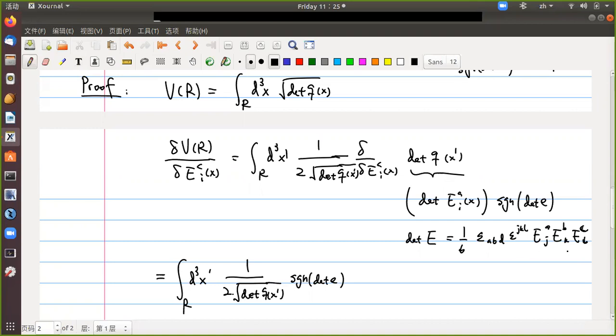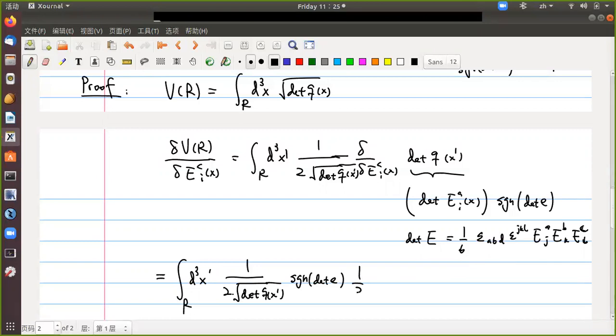You get three terms, but actually three identical terms, because JKL and ABC are contracted with epsilon. So you will have three terms if you use the product rule, but all those three terms will be the same, and so it cancels the 1/6.